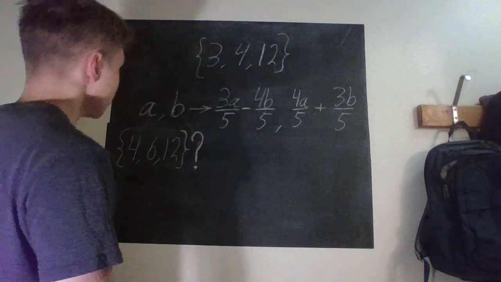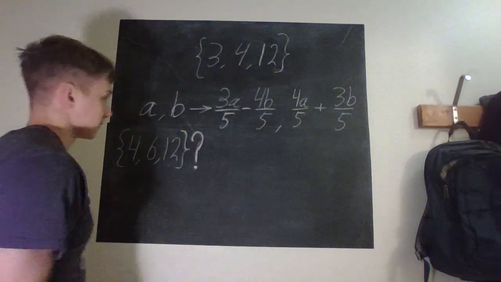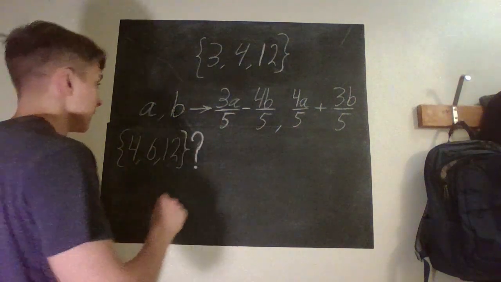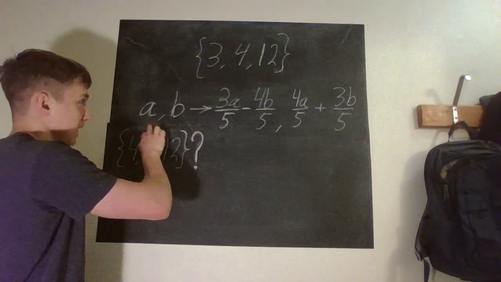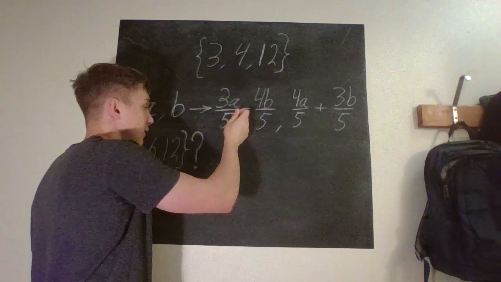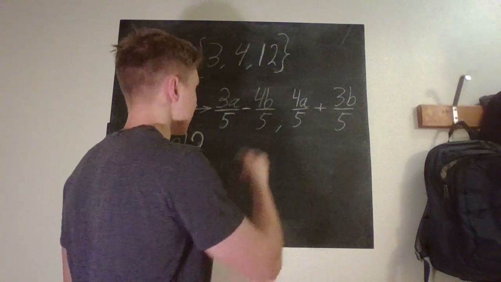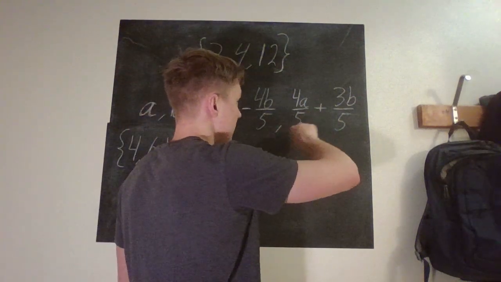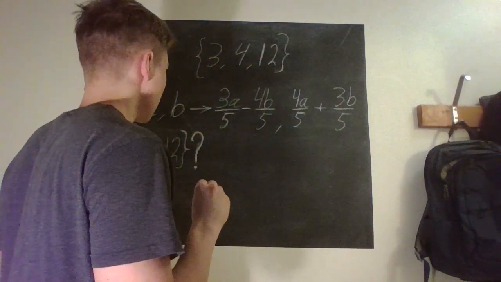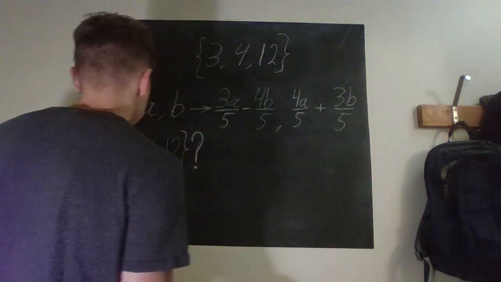So, we start with a triple: 3, 4, 12. We're allowed to pick two of these numbers, call them A and B, and switch them out for 3/5 of A minus 4/5 of B, and the other one for 4/5 of A plus 3/5 of B. And you can choose which one you call A and B, of course.